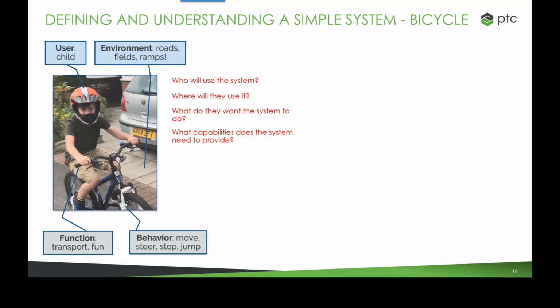So this is the first phase of understanding what our users need, what functions need to be delivered, what environment the system will operate in. And the next phase is to think about how can we make that real? So what components are needed to realize that system that we've started to understand, and how are those components organized?